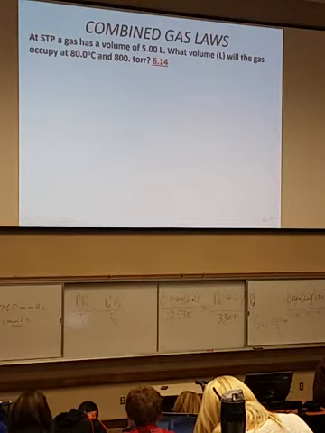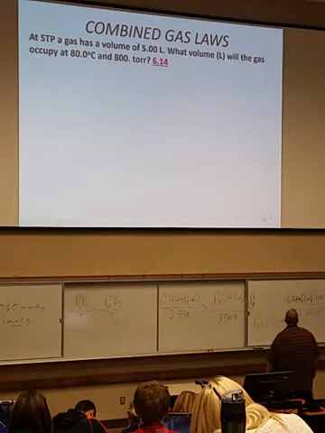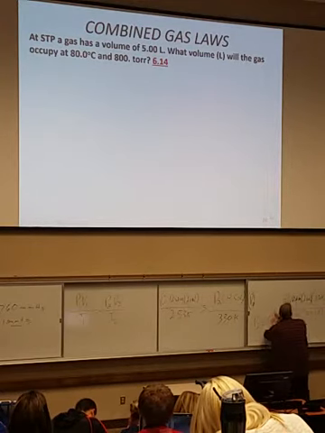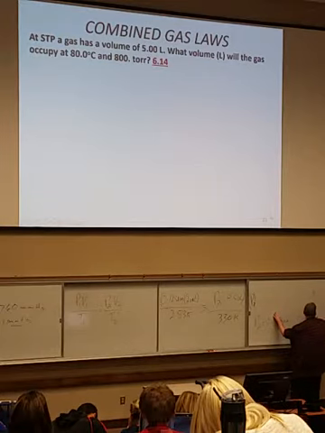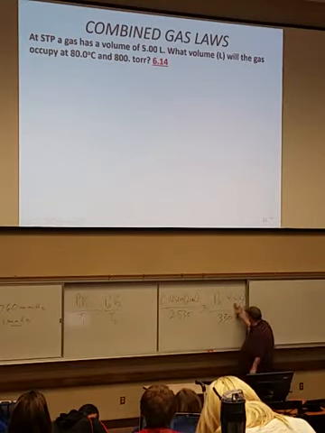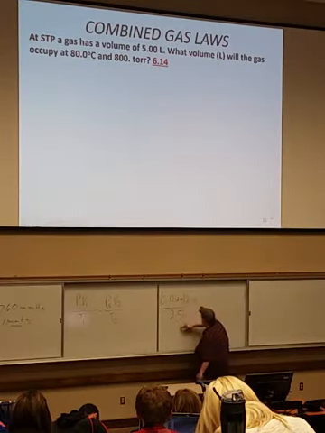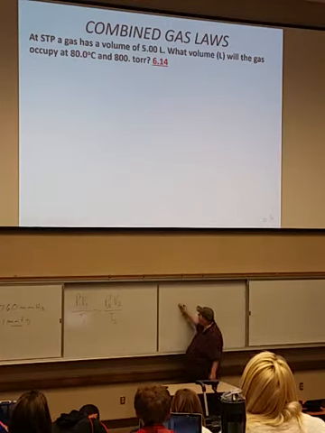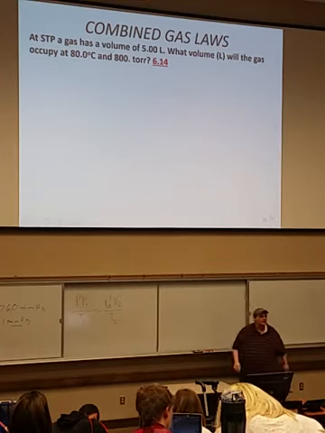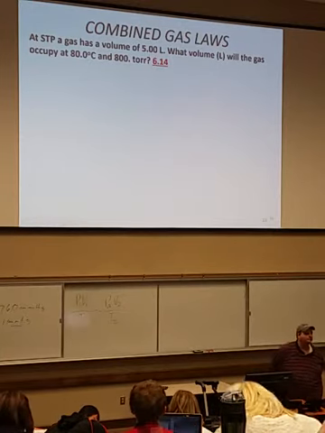What volume in liters will this gas occupy at 80 degrees Celsius and 800 torr? Okay, anytime you see STP, your brain needs to replace or know what those units mean. This gas, when it starts out, is at 5 liters, right?